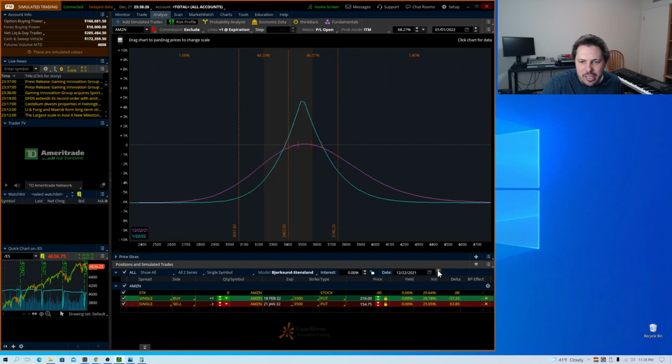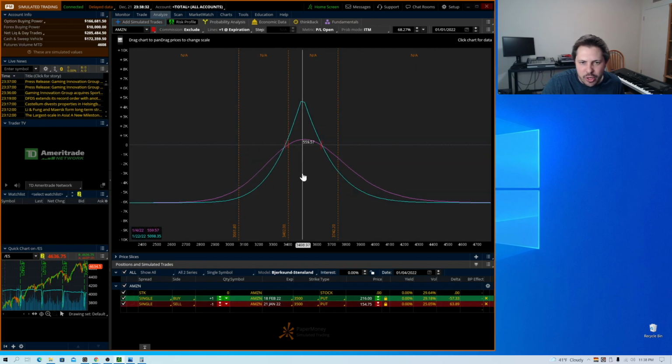Time is ticking away, and this option expires on January 21st. So if this is below 3,500 at January 21st, let's say it's right here, 34.82, we would keep all of this money.